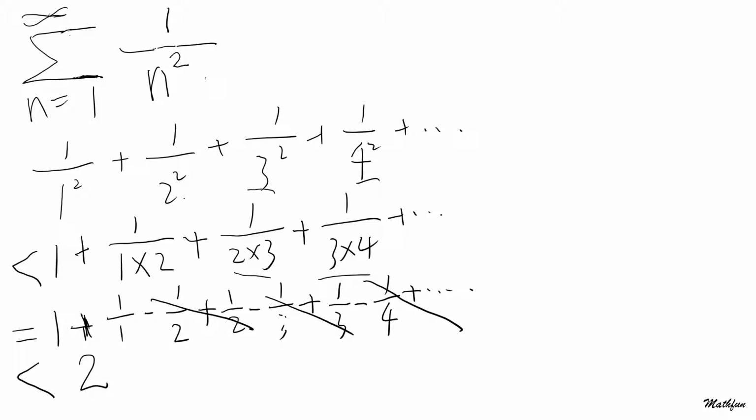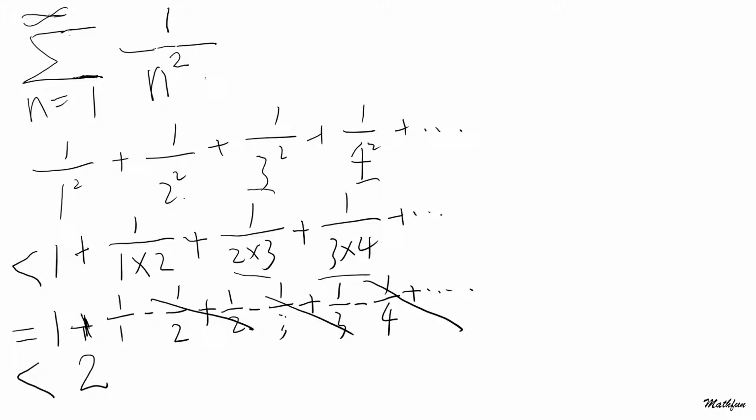There is a very famous and very useful theorem called the monotone convergence theorem. When it increases monotonically and has an upper bound, then it definitely has a limit. So that's why we know this one converges.